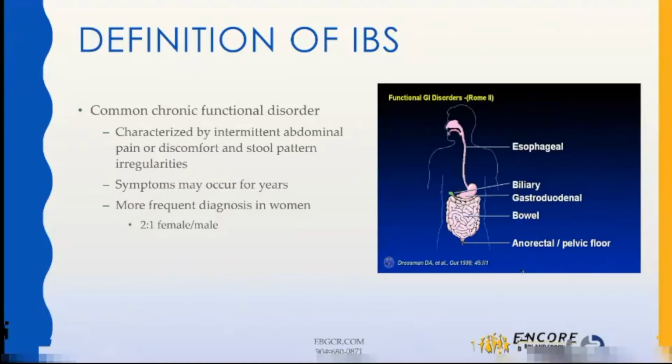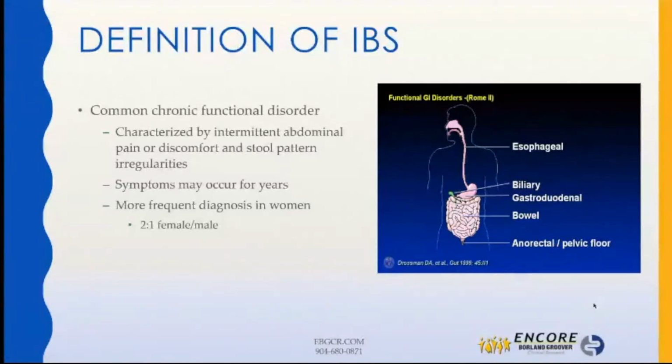There are other conditions in the esophagus, stomach, and bowels that can cause these kinds of non-specific pains without any organic finding, and those are considered functional pain in general. When we refer to IBS, it is more well known and very much used interchangeably.